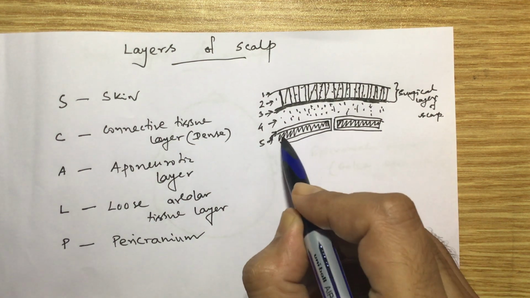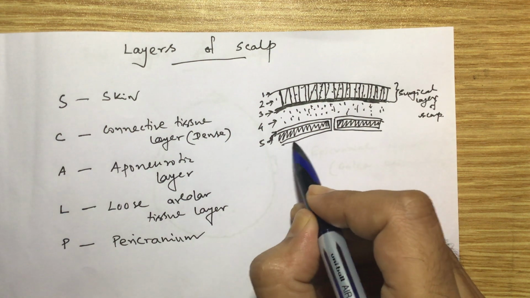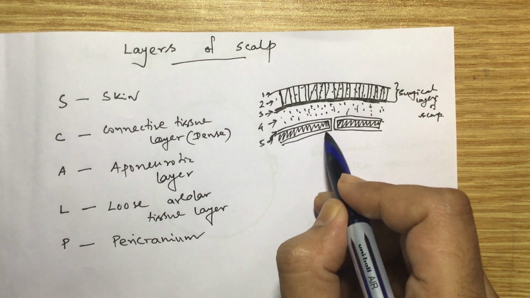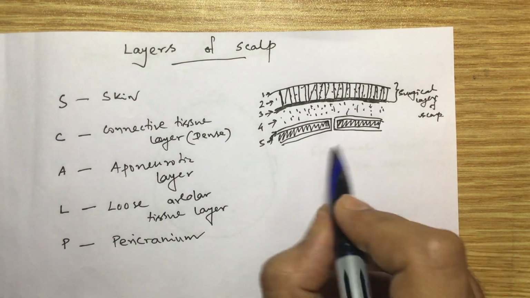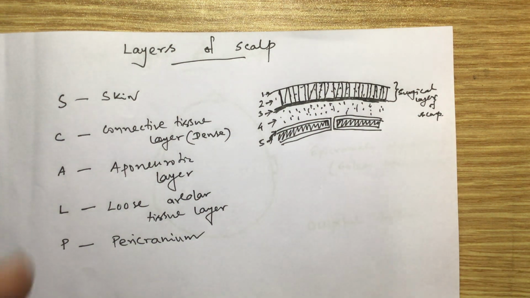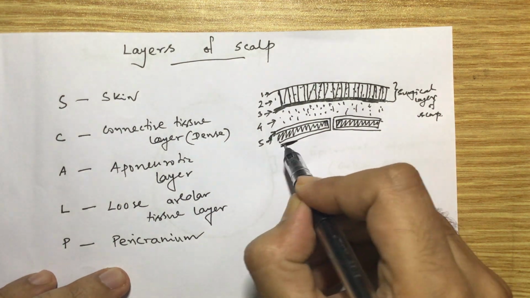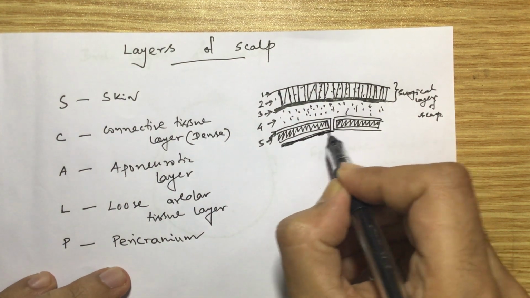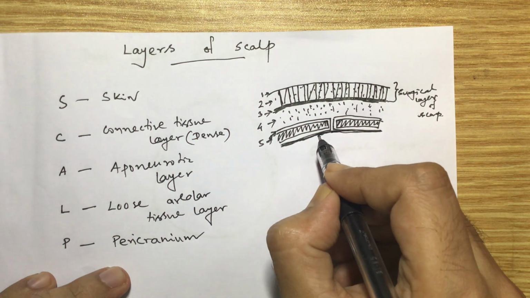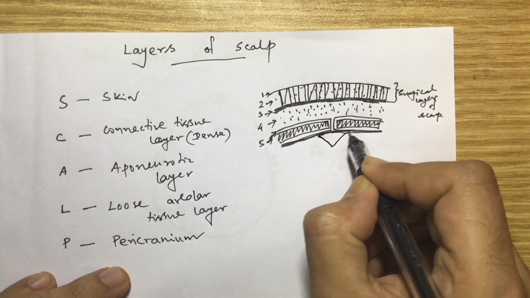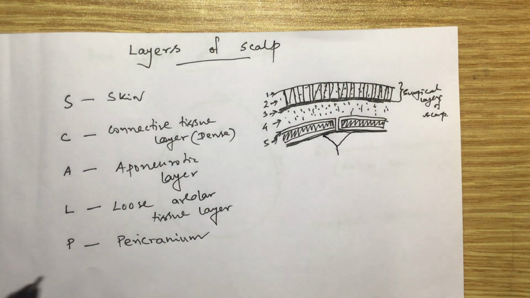Below or inside that skull bone, there is also the endocranium, that is the endosteal layer of the dura mater. Within that dura mater there are venous sinuses.